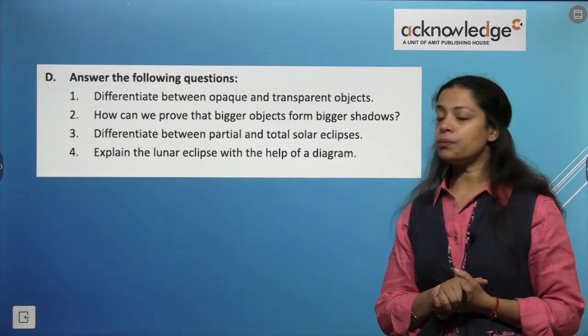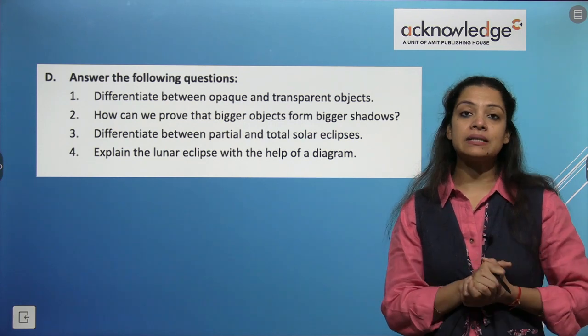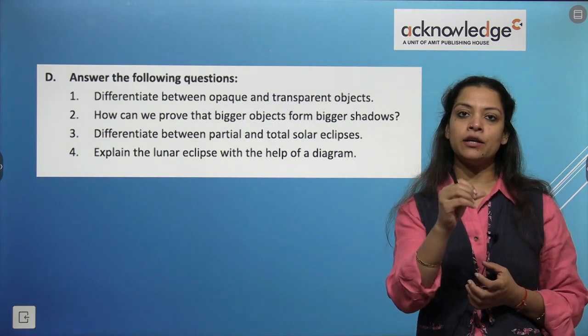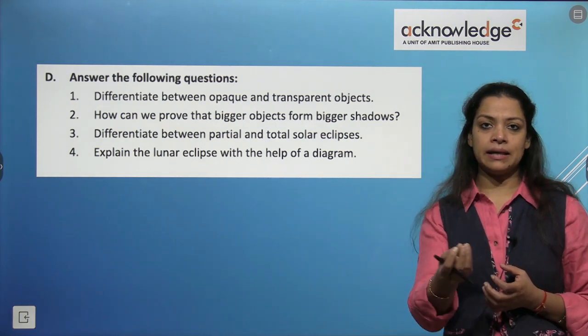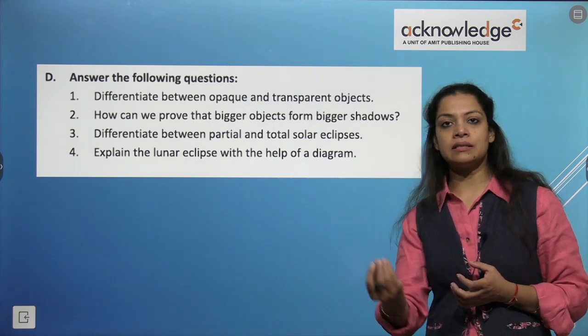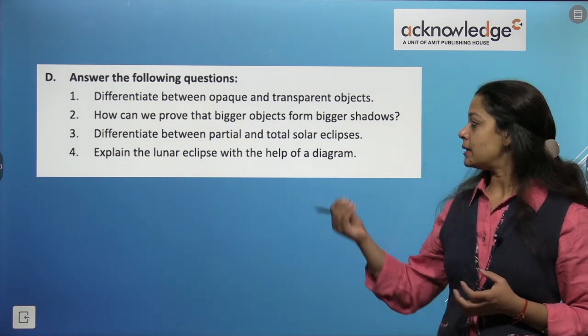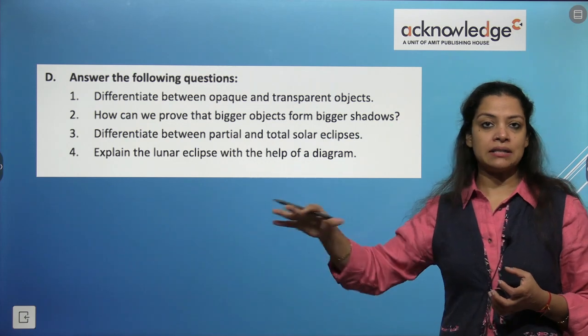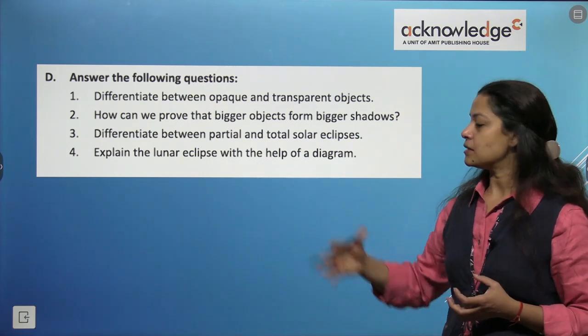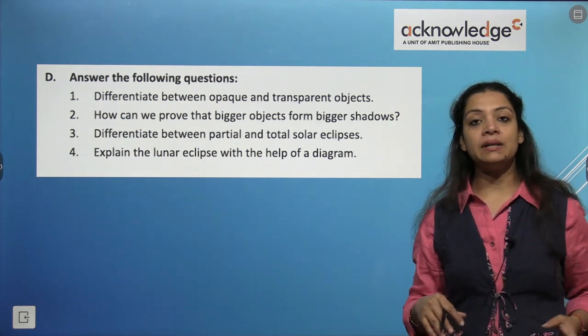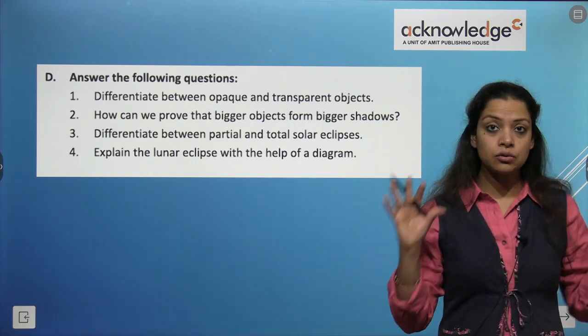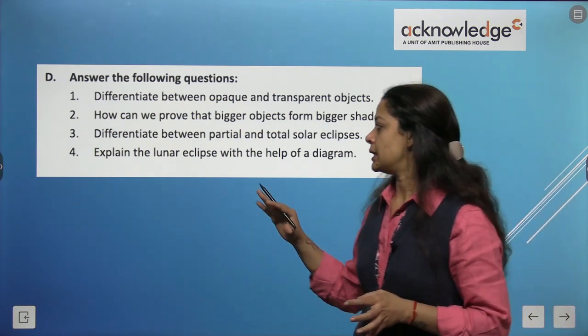So as I told you, partial solar eclipse क्या होते हैं? At some places the sunlight is visible, and at some places it is completely invisible. So where there is a chance of seeing the sunlight, that is called partial, and where it is completely invisible, that is called total solar eclipse, जहाँ पे बिल्कुल अंधेरा हो जाएगा.